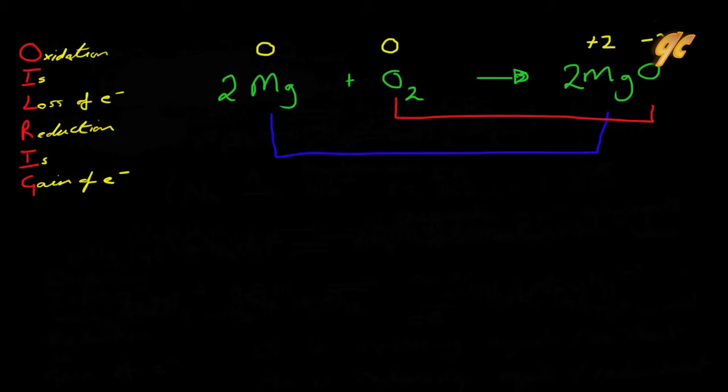It's increasing in its oxidation number, therefore it's oxidized. Oxygen is moving from oxidation state 0 to oxidation state -2. That means to say that oxygen is being reduced as its oxidation number is going down.